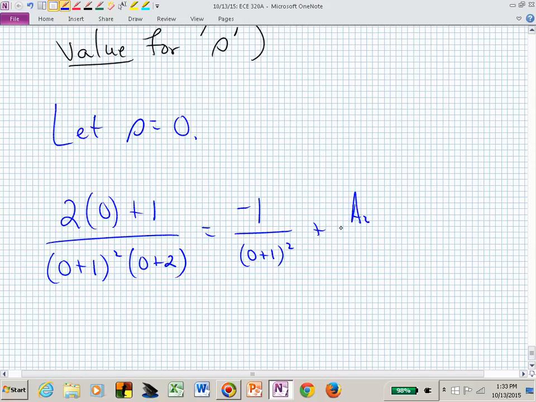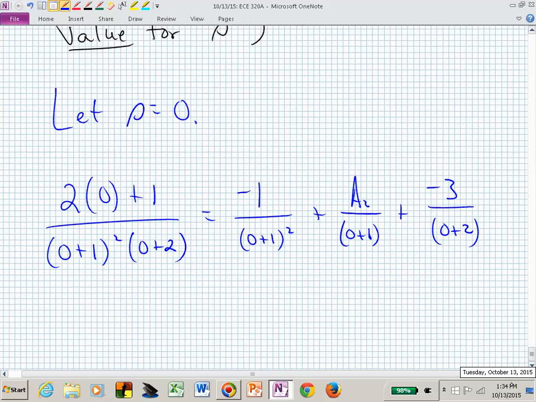plus a sub 2 plus a sub 3 over 0 plus 2. And what do I end up with? I now have 1 upstairs and 2 downstairs.